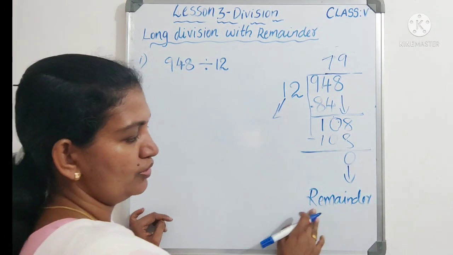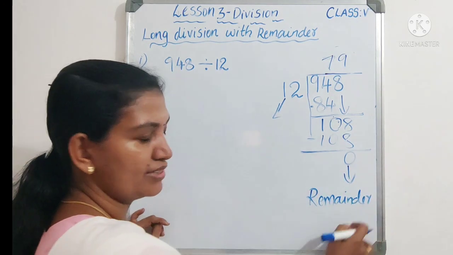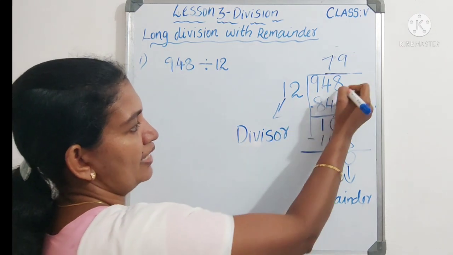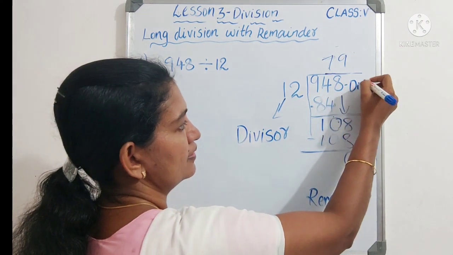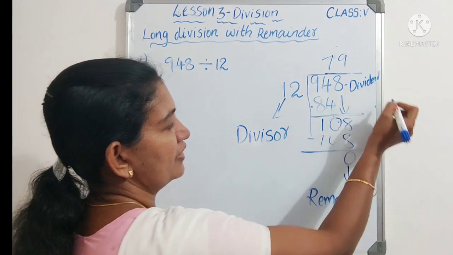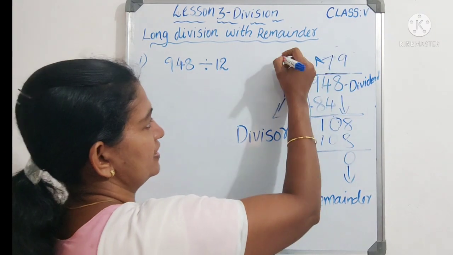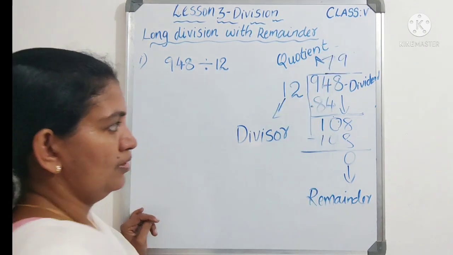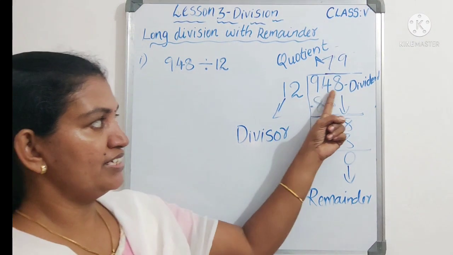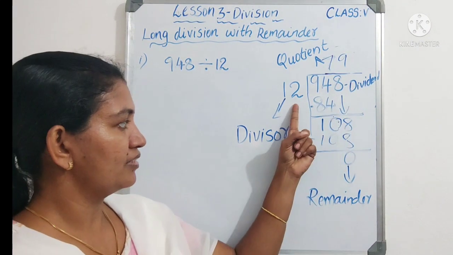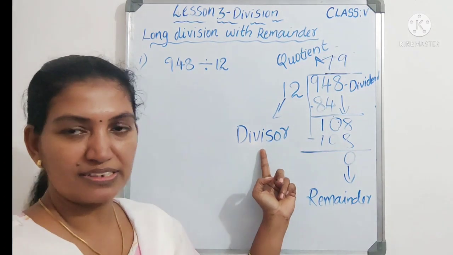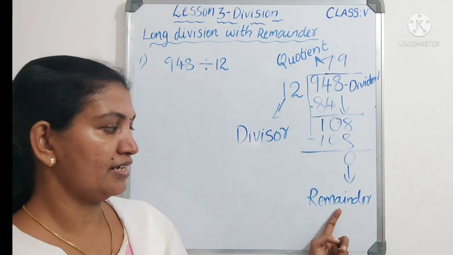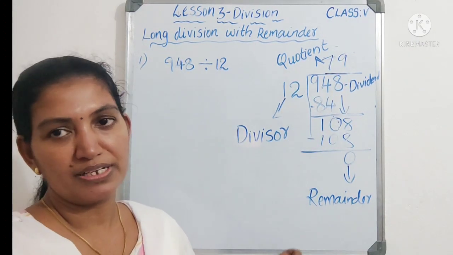This is the divisor, and this is the dividend, and this is the quotient. The number we divide is the dividend, the number we divide by, written here, is the divisor. After division, the answer we get is called the quotient, and what is left after division is called the remainder.